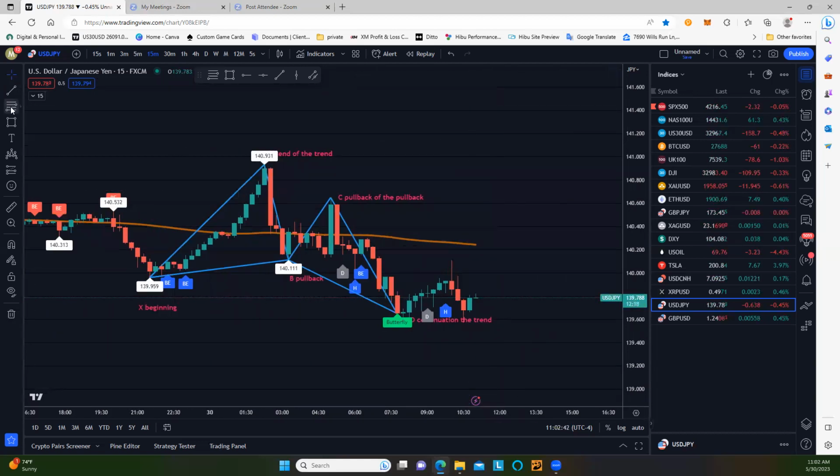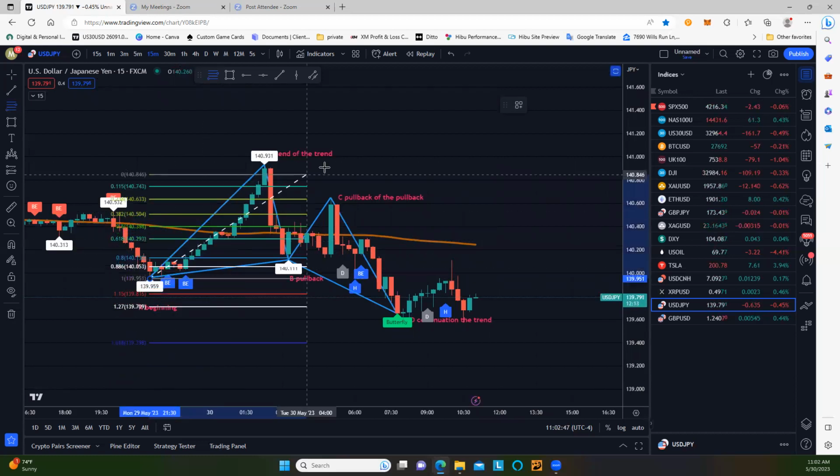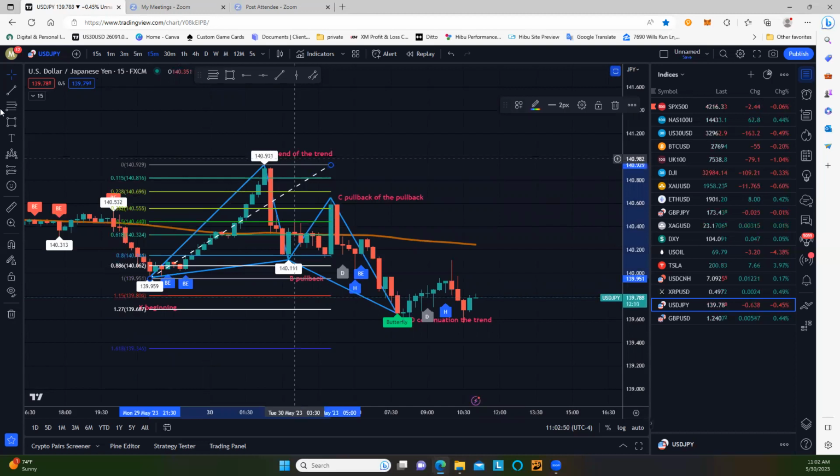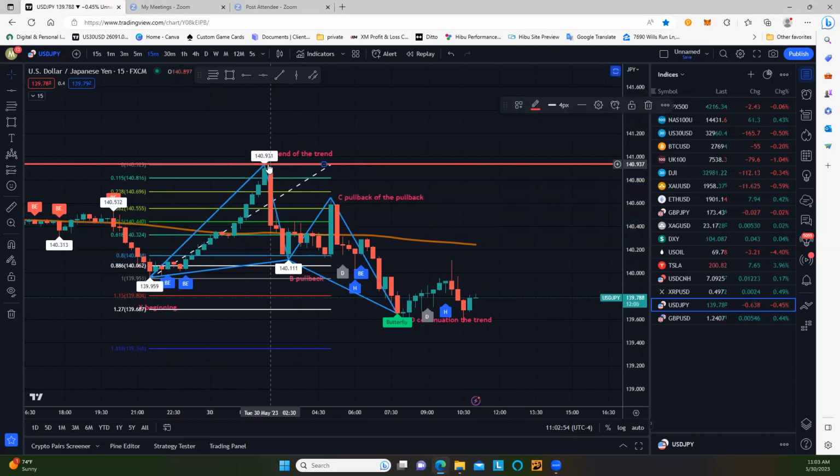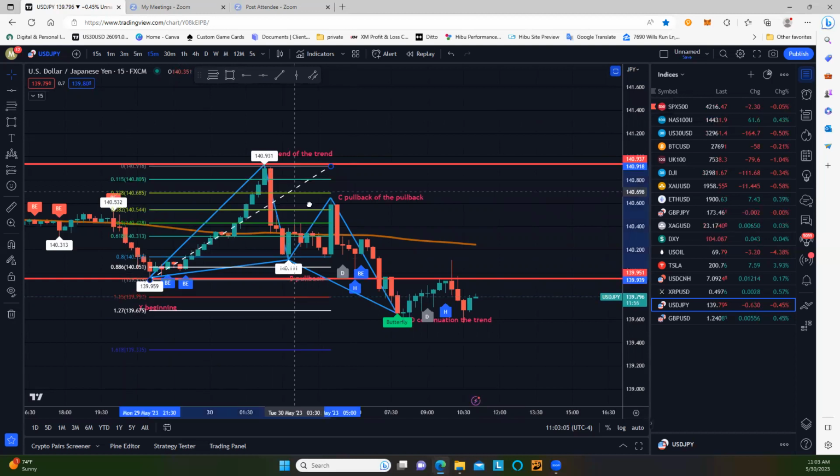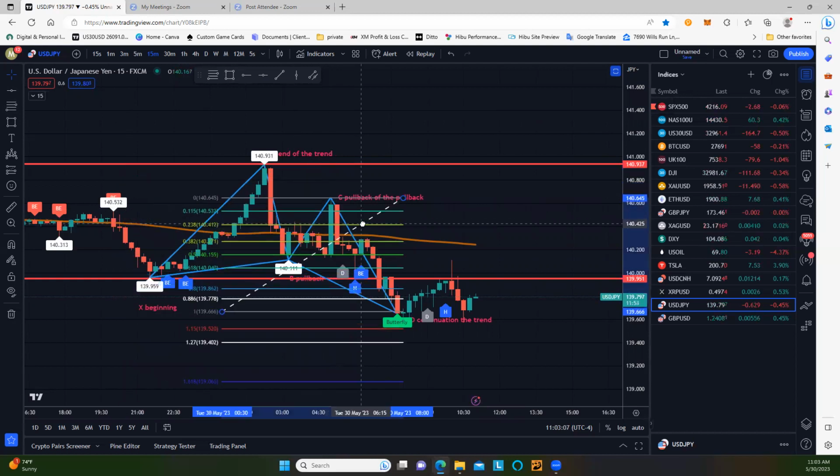But if you do want to measure, you take your Fibonacci tool and you measure one from X to A, and you can identify your support and resistance, with resistance being on top and support being on the bottom. So 100% to your 0%. And then you can measure your C point to your D point. It should be the same length.